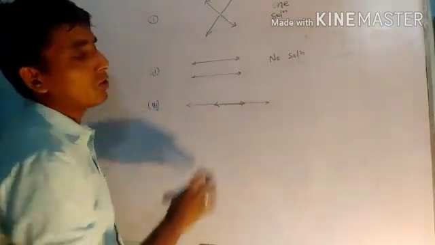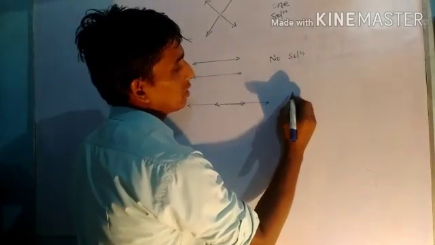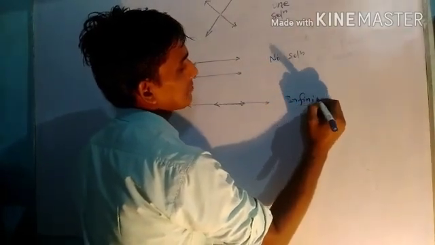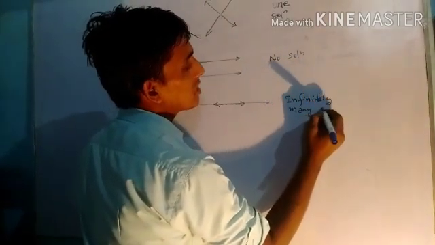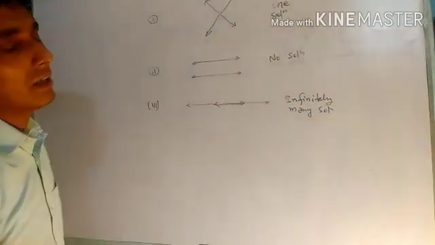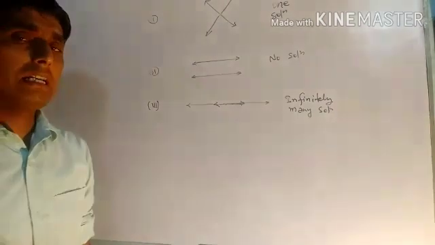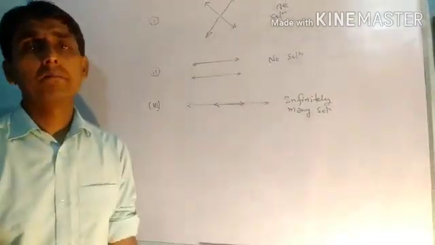This is called a coincident graph, and here infinitely many solutions are present. So these are the graphs which suggest whether there is one solution, no solution, or infinitely many solutions.